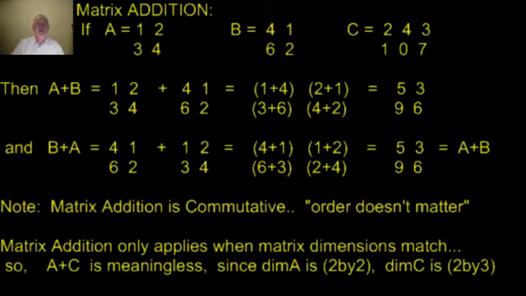But the idea of adding A plus C is meaningless because C has different dimensions altogether than A. So you couldn't really add A plus C. It just wouldn't work. If you're trying to pair up the numbers to add, you'd run out of pairs. So be aware that there are some restrictions on how we add matrices.